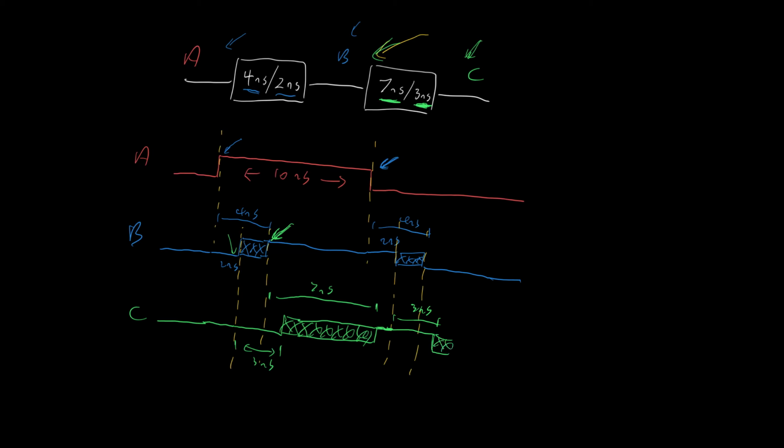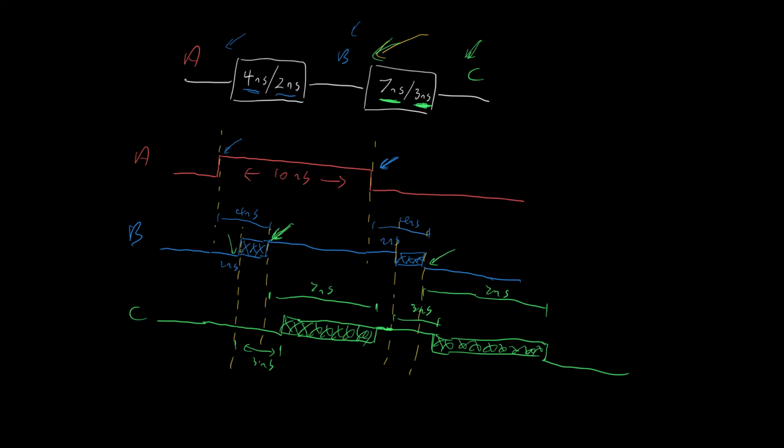How long does it last for? Well, we look at when the input is valid again. This is when it's next valid. And 7 nanoseconds after that, the output is going to be the correct value, since that's what propagation delay is telling us.